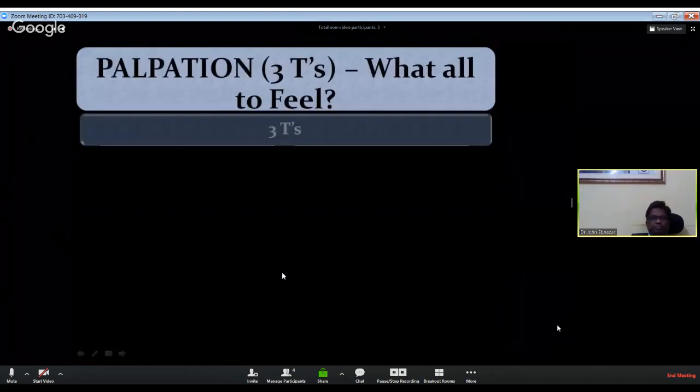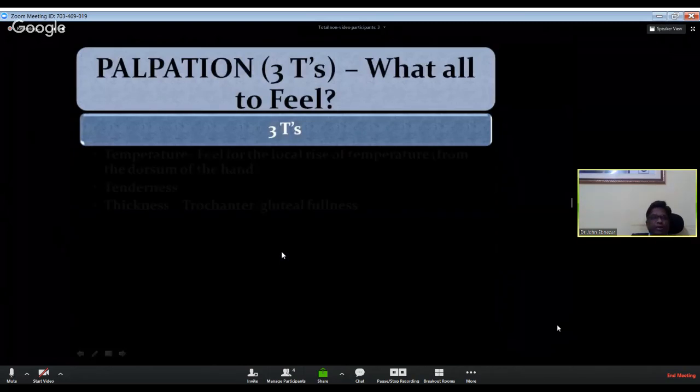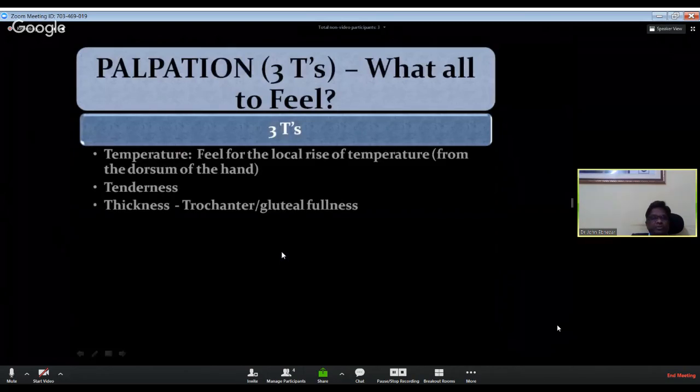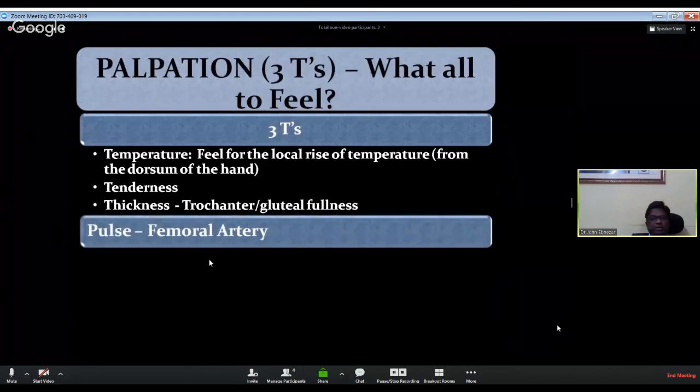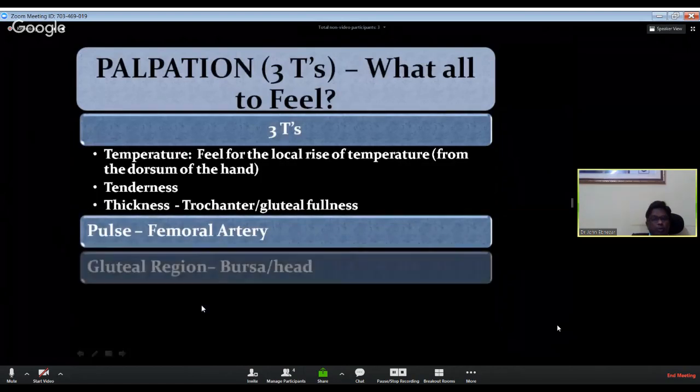Then palpation. What are the three things you feel? Temperature, tenderness, thickness. For temperature, you need to feel for a local rise of temperature using the dorsum of the hand, because that's the most sensitive. Then tenderness and thickness, that is, the fullness. Then the pulse: you have to feel the femoral artery and gluteal regions.